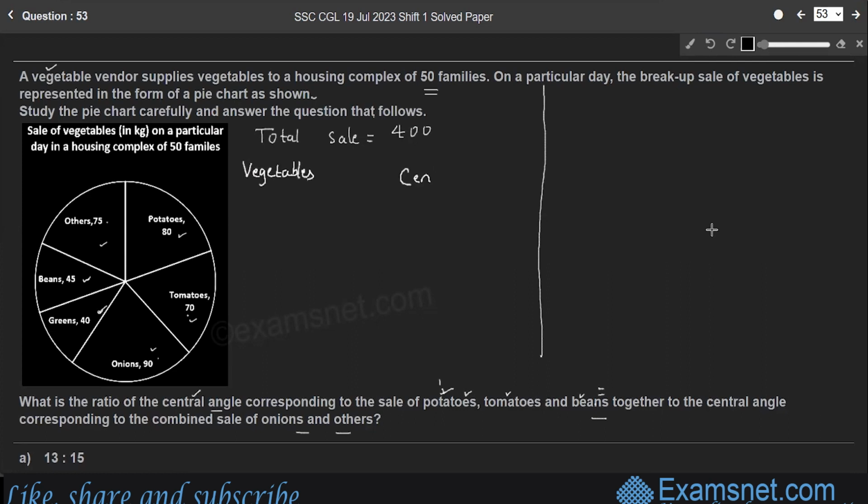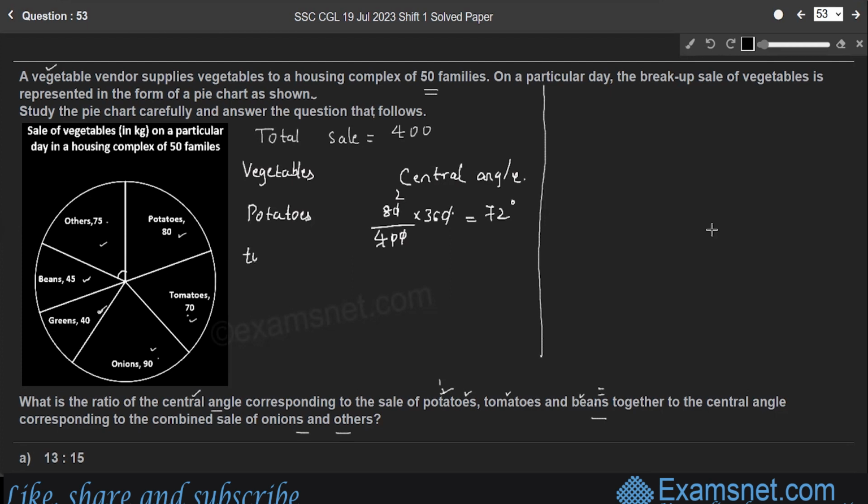Corresponding to potatoes, out of total sale 400, potato sale is 80, therefore for 360, right? Because the total angle in a circle is 360, therefore the zeros we can cancel. So 4 into 2, so 72 degrees is the central angle corresponding to potatoes.